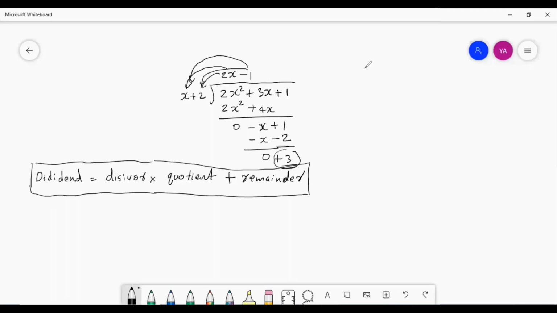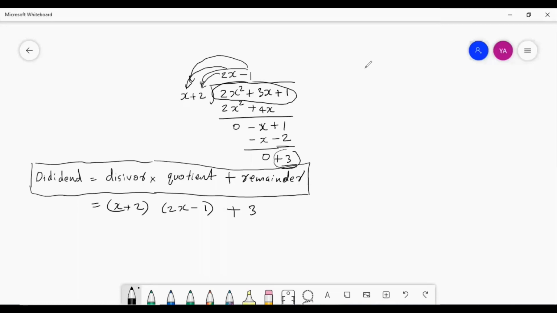If you multiply the divisor x plus 2 with the quotient 2x minus 1, and add 3, you will definitely get the dividend. We don't check right now, it's very simple.